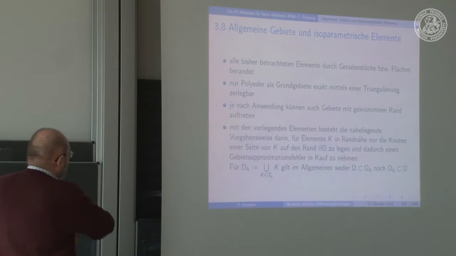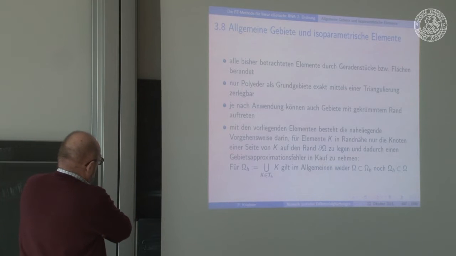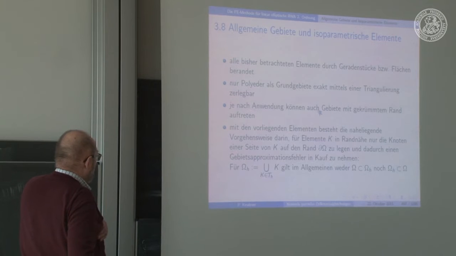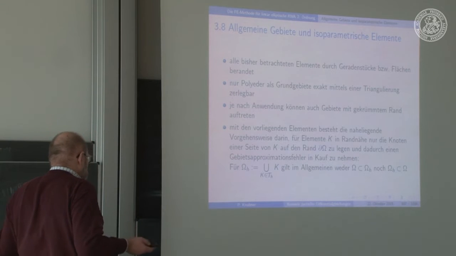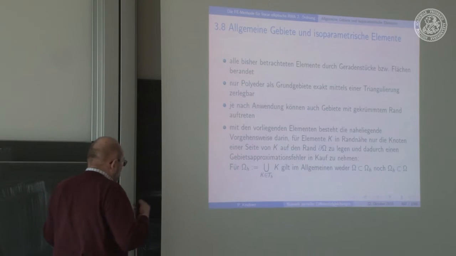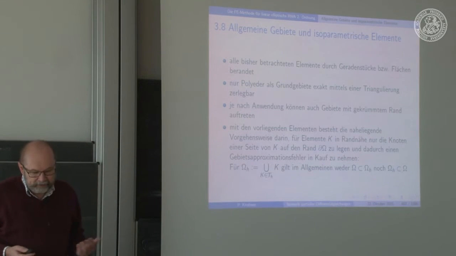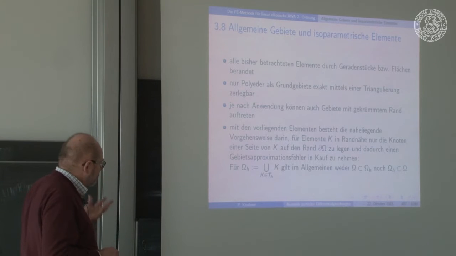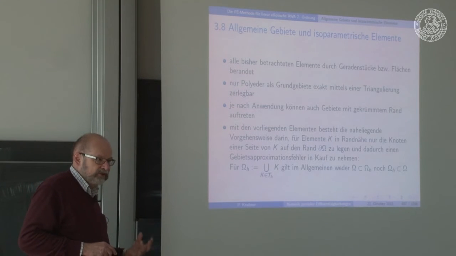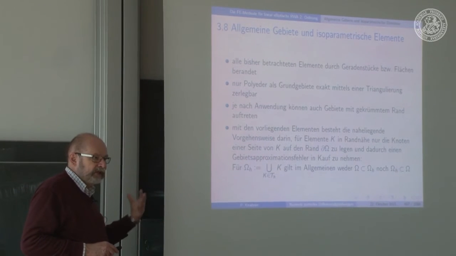Okay, let's assume we have a general domain. We have nodes which are positioned either in the domain or on the boundary of the domain, and on the basis of these nodes we have certain geometrical objects, our triangles.